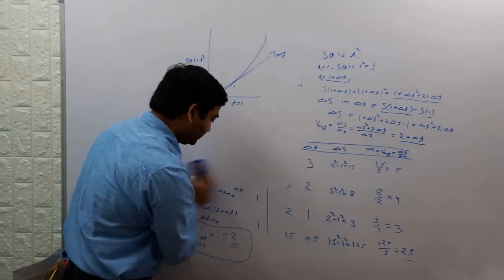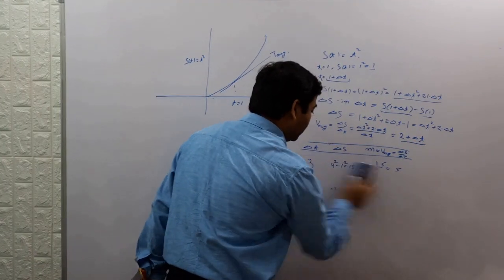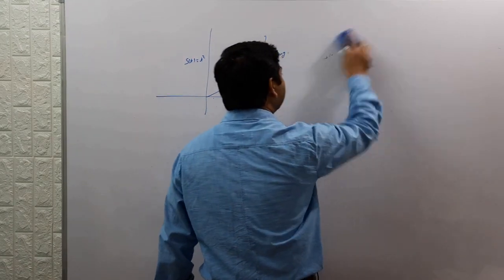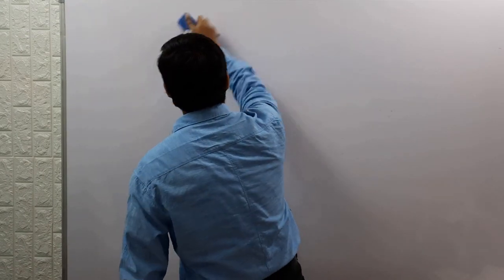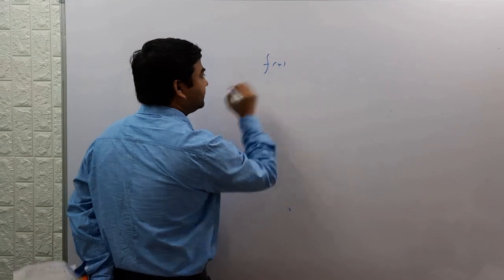Derivative, I will define precisely how it is defined actually. You have just got the idea of how derivatives are related with the instantaneous rate of change. Similarly, a function is given.